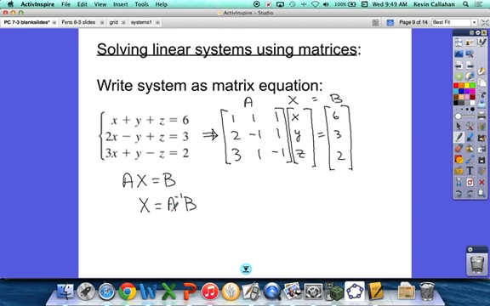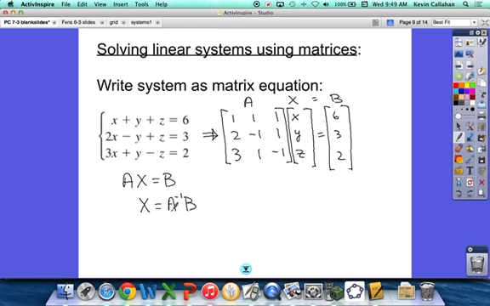Once you've loaded the A and the B, doing A to the minus 1 B takes seconds. And it would solve a 2 by 2, a 3 by 3, a 4 by 4, a 10 by 10. You just load it in there, A to the minus 1 B, and you get it.